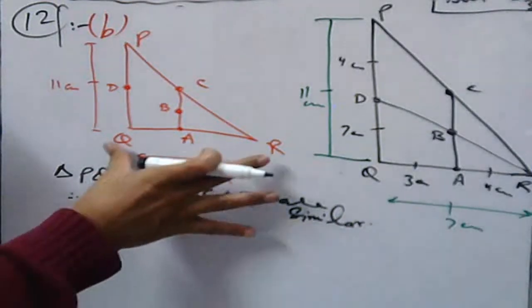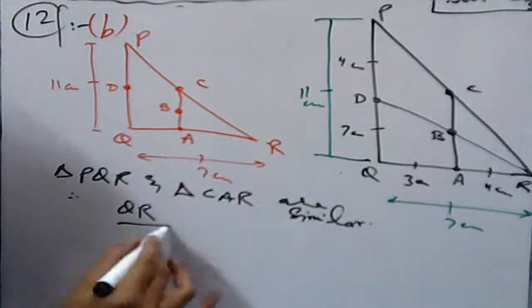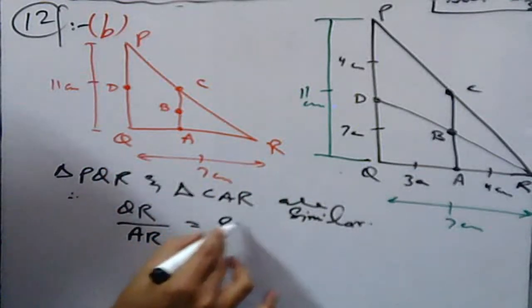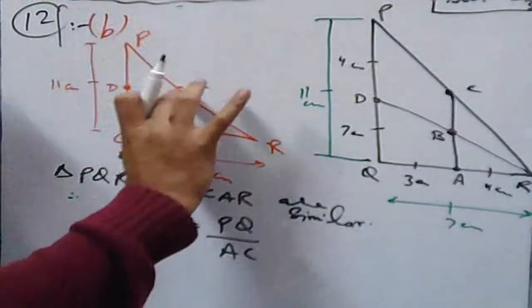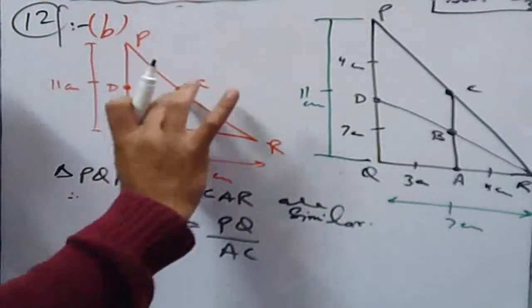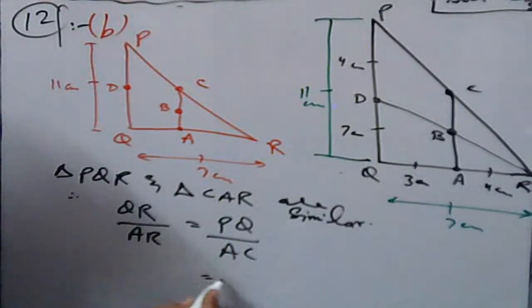If they are similar, we take the ratio, that is QR to AR, bigger to smaller. Similarly PQ to AC, vertical bigger, vertical smaller. So we take the ratio.